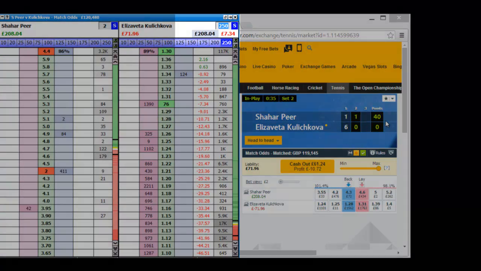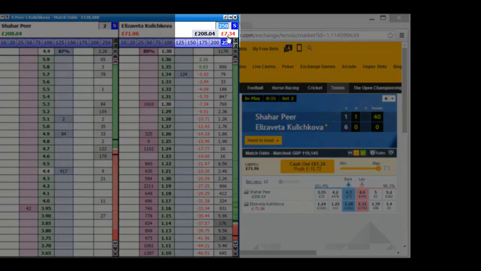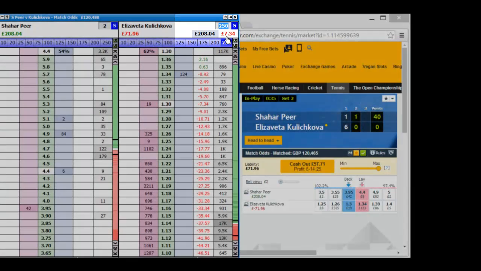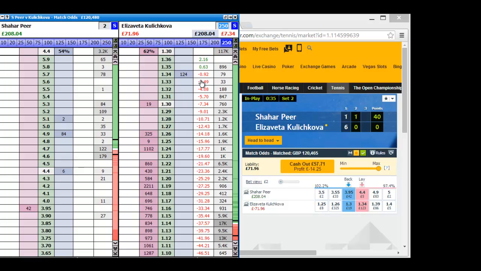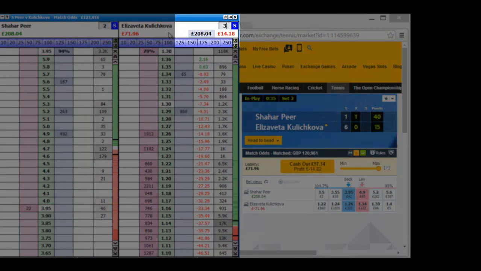But Peer, in fact, is raising her game, and looking like she can possibly break the serve of Kulichkova in the second, and you can see there at £7.34 that's the possible hedge red figure we could take if we wanted to, which is obviously a lot better than the £71.